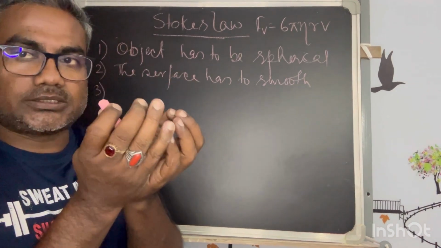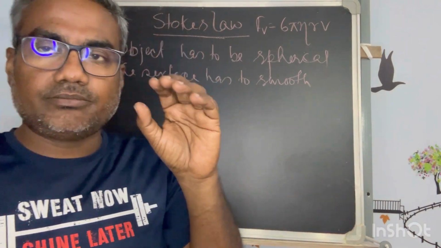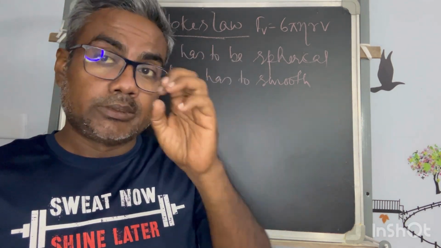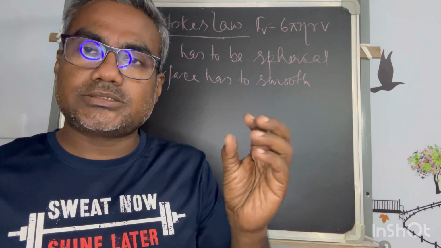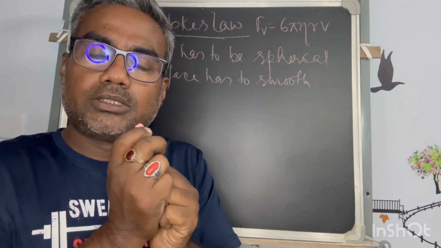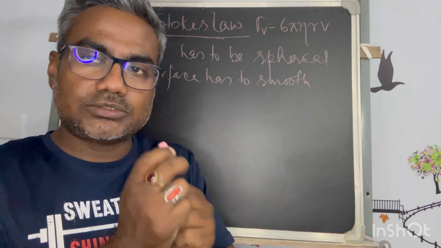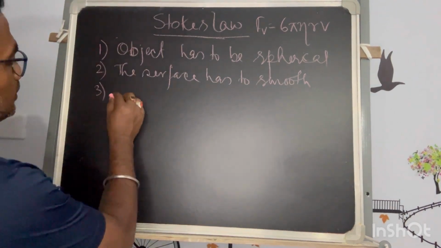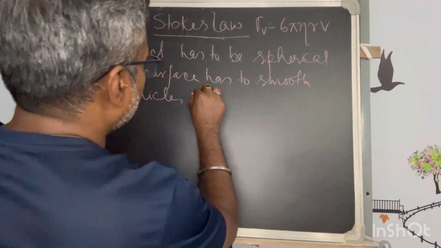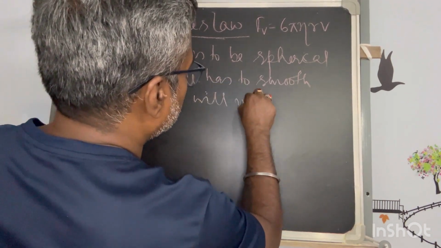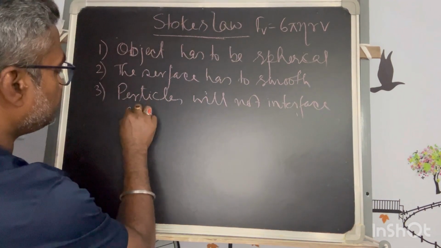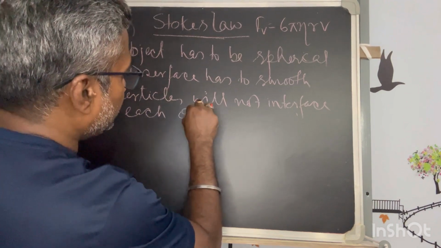The object must be built with particles, because any object we can think of is made of tiny particles. For a solid, the particles are closely bonded due to their intermolecular force, so the molecules or particles will not interfere with each other. Why am I saying this?